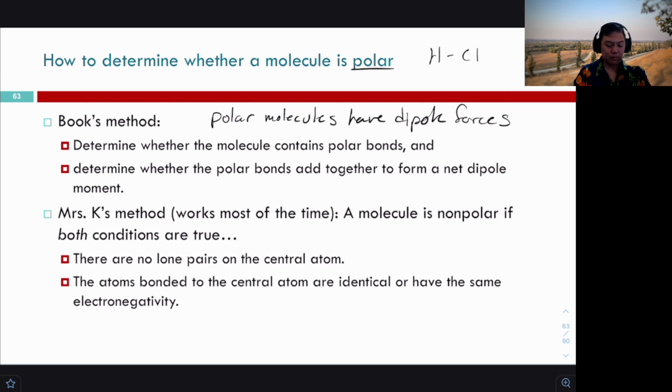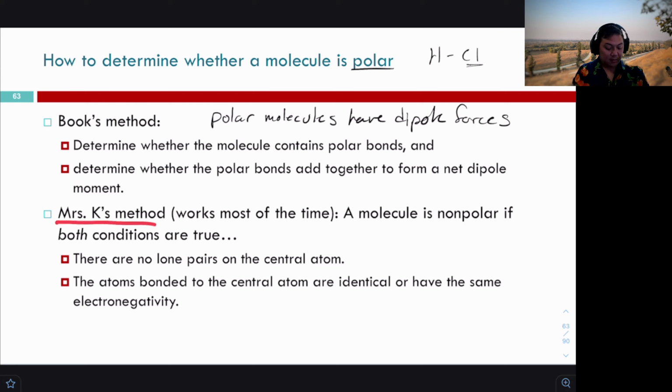It's a halogen. It's more electronegative than hydrogen, so this would be a polar bond. And then you determine whether the polar bonds add together to form a net dipole moment. This one gets a little more difficult when you have molecules that are three-dimensional. Some of the more complex geometries are hard to visualize.